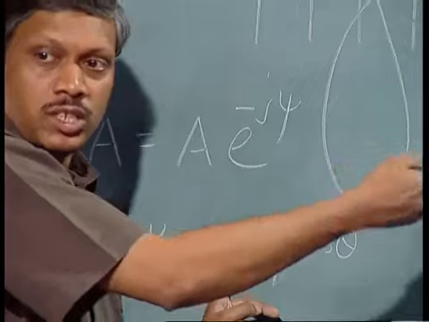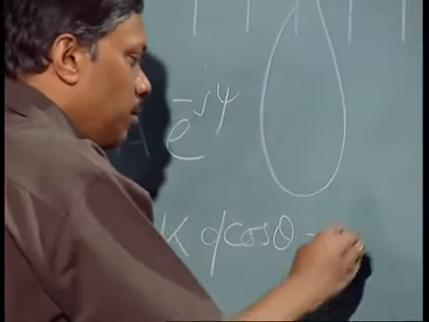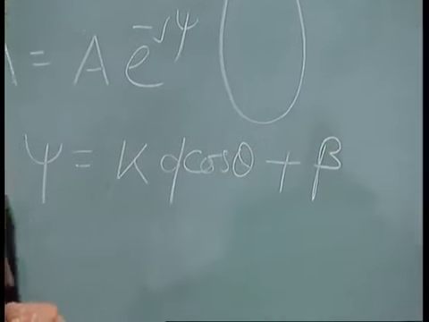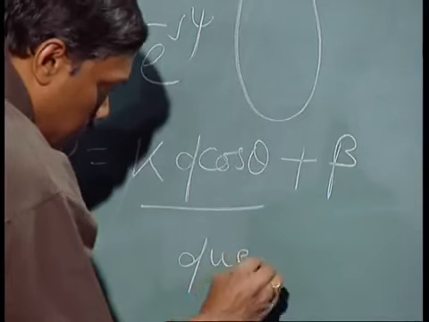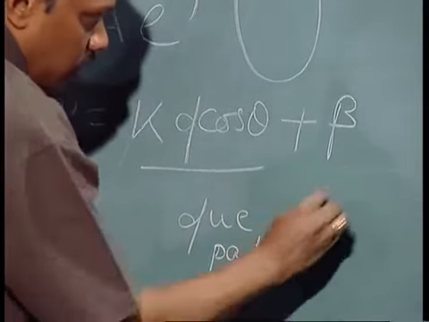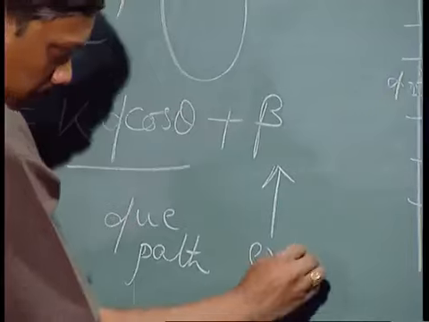This phase is due to the path. Then you have an additional phase which is the excitation phase. You have two phases now: one is due to the path, another is due to excitation.